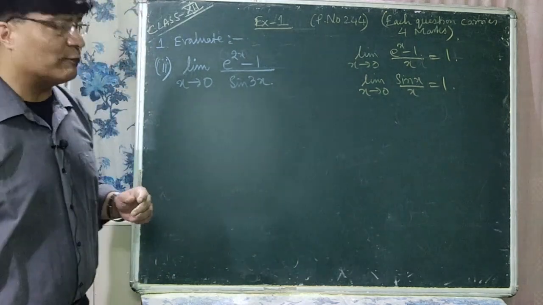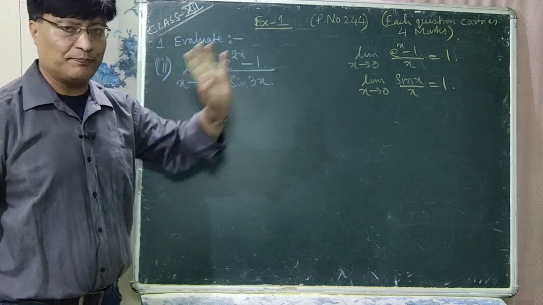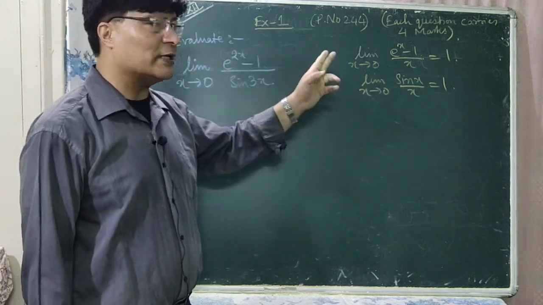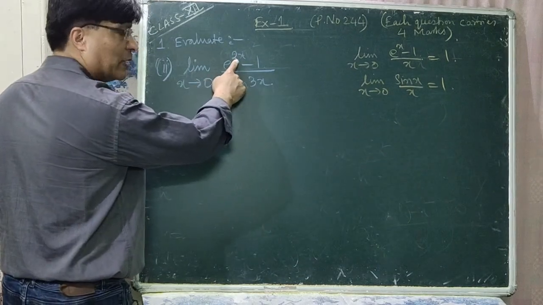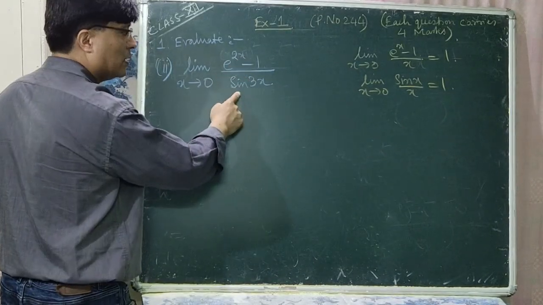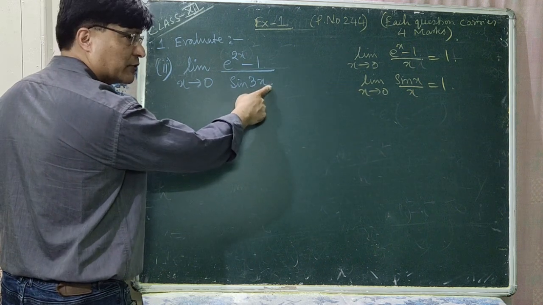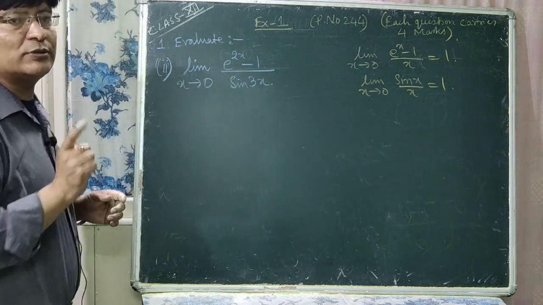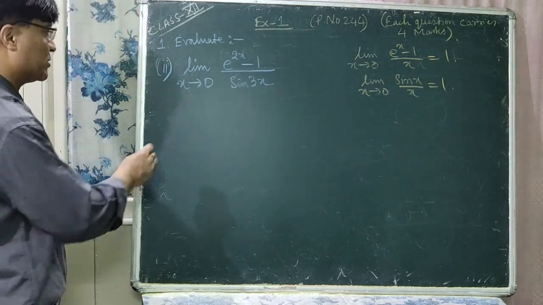Now you should convert both the numerator and the denominator into standard limit form. It should be (e to the power x minus 1) divided by x. So in the e to the power x form, instead of x there is 2x. Here it should be in the form sin x by x, but in this case instead of x there is 3x. So first of all you have to divide both the numerator and the denominator by x.